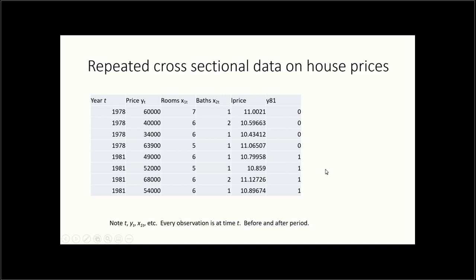We would use a variable like that a lot. So here again, every observation is at time t. We absolutely need to know if the observation belongs in the before period or the after period. So here again, our y would have a t dimension and our x's would have t dimension in them.